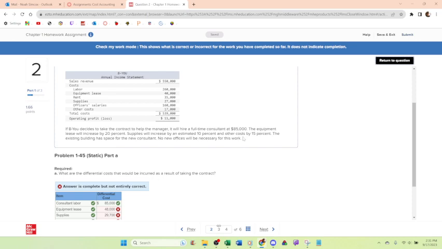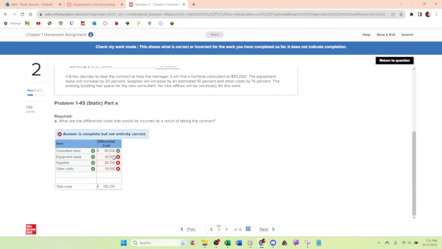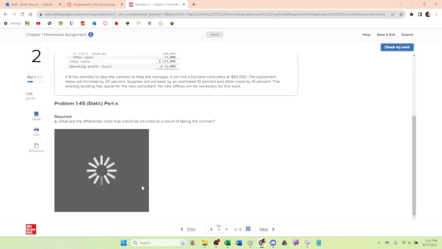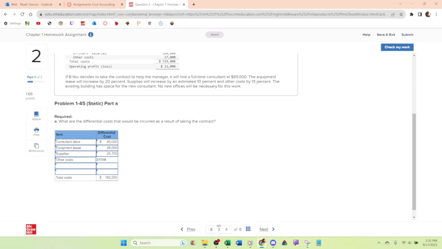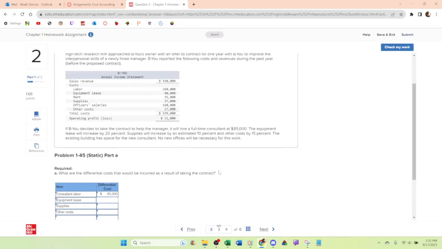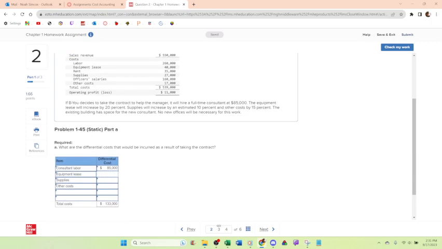Oh, I'm an idiot. I didn't do the additional cost. Dang it. The way they have this formatted is strange. You have to calculate the additional cost, not the total cost. Darn it. So that means I actually did have to do 15% times blah. Equipment lease 0.2 times 8,000.